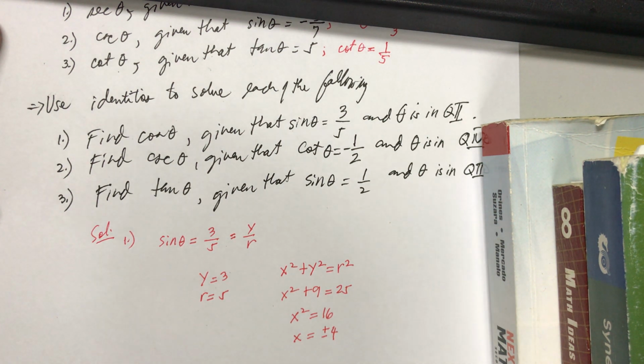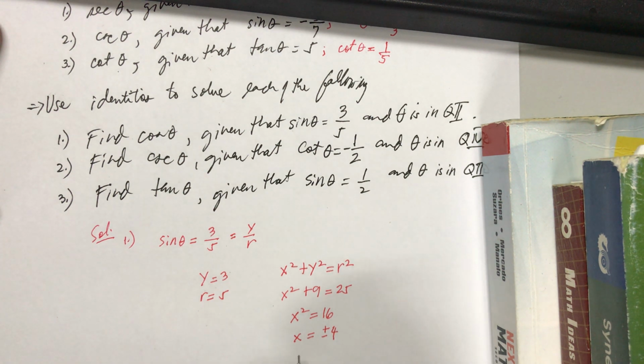You pick a point which is found on the terminal side. That point has coordinates, abscissa and ordinate, x-coordinate and y-coordinate respectively. The x-coordinate or the abscissa of a point which is found in quadrant 2 is negative, while the y-coordinate or the ordinate of a point found in quadrant 2 is positive.